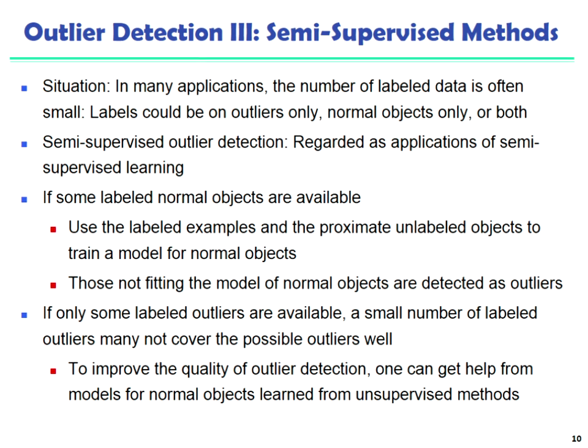And if only some labeled outliers are available, a small number of labeled outliers may not cover the possible outliers well. To improve the quality of outlier detection, one can get help from models for normal objects learned from unsupervised learning.